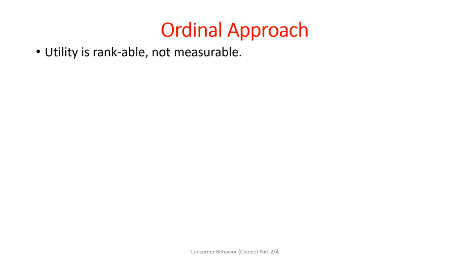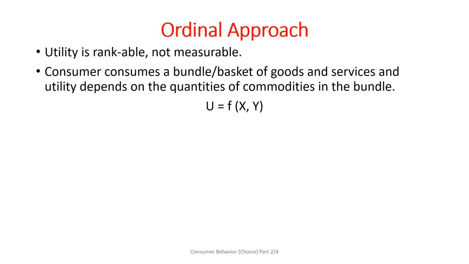The second assumption is that consumer consumes a bundle or a basket of goods and services, and utility depends on the quantities of the commodities in the bundle or basket.